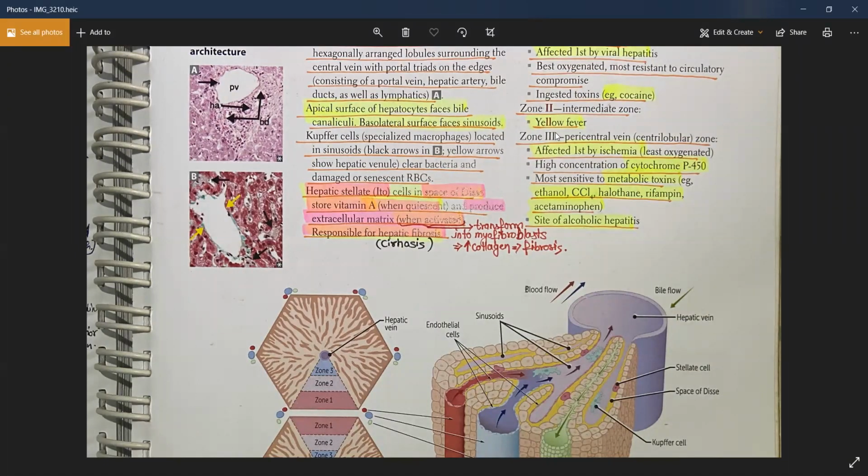Does anyone remember what category of virus the yellow fever virus is? Flaviviridae. Yeah, exactly. Flavivirus. Okay, flavivirus will be the yellow ones. And does anyone remember what disease yellow fever can cause? Hepatitis.